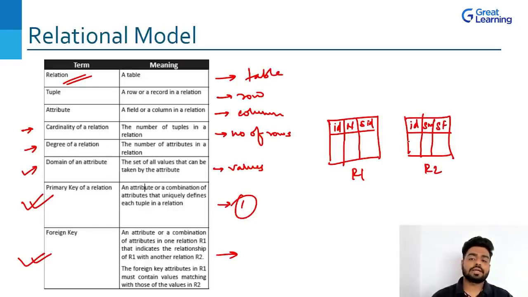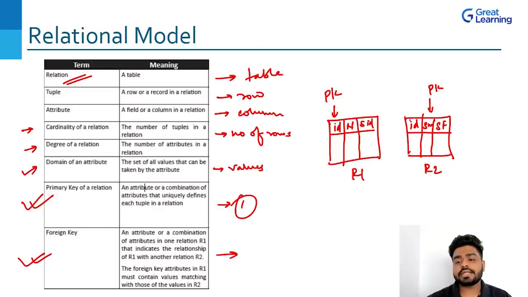Now understand what is happening here. ID is my primary key for this table. So for this table also there should be one primary key, and that is subject name, because all the subjects will be different, okay? So this is my primary key for this table. Why am I not putting this ID as my primary key?